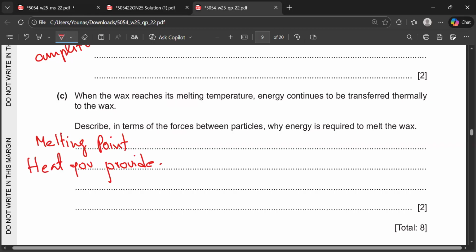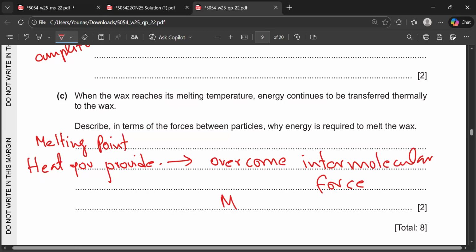This is very important for the state change: the temperature does not change. So where is this heat going? The heat you provide is used to overcome the intermolecular forces, to move particles away.